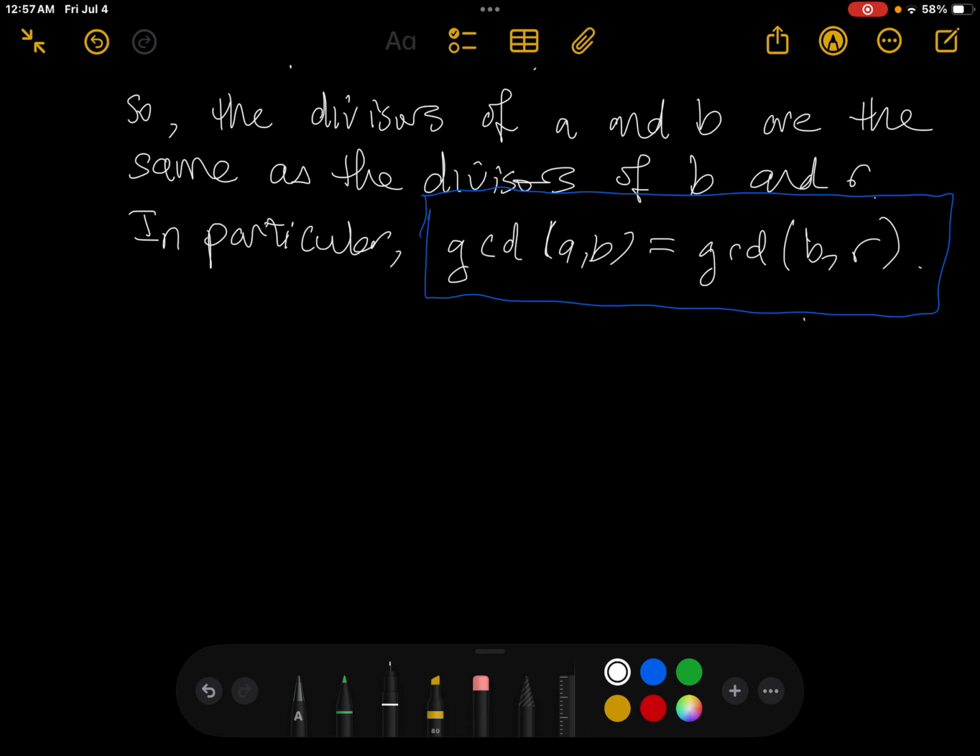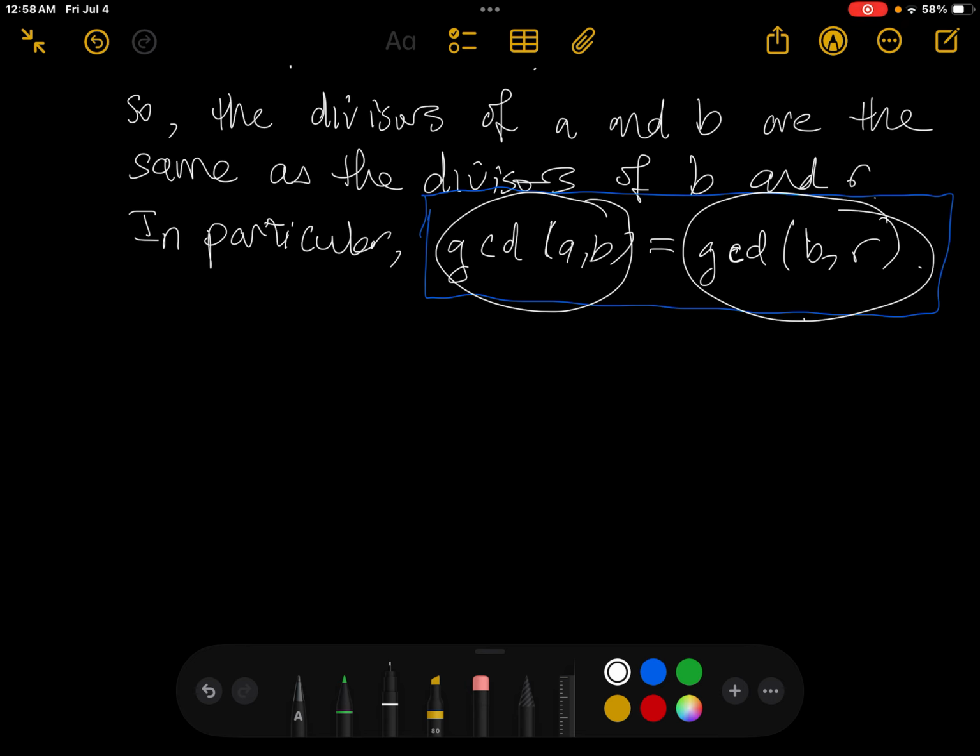To find the greatest common divisor of two integers, because what's going on is that you start off with the GCD of a and b, so this is the thing that you're looking for, and then once you do division with remainder, you get that the GCD of a and b is equal to the GCD of b and r. Well, r is less than b, so you end up with two smaller numbers to find the GCD of.